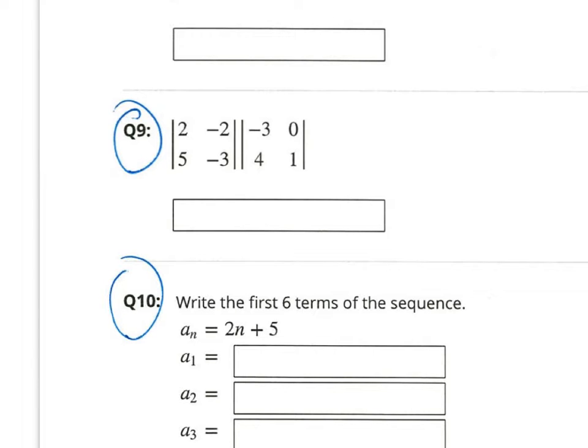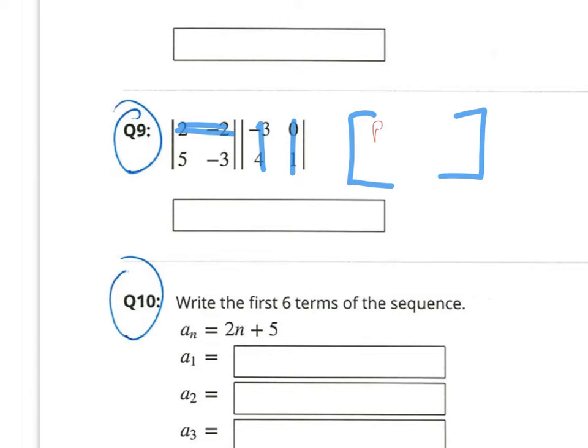Question number 9. Same thing, we're multiplying. So when we multiply here, first row times first column, and first row times second column. Your answer is going to be a 2 by 2.